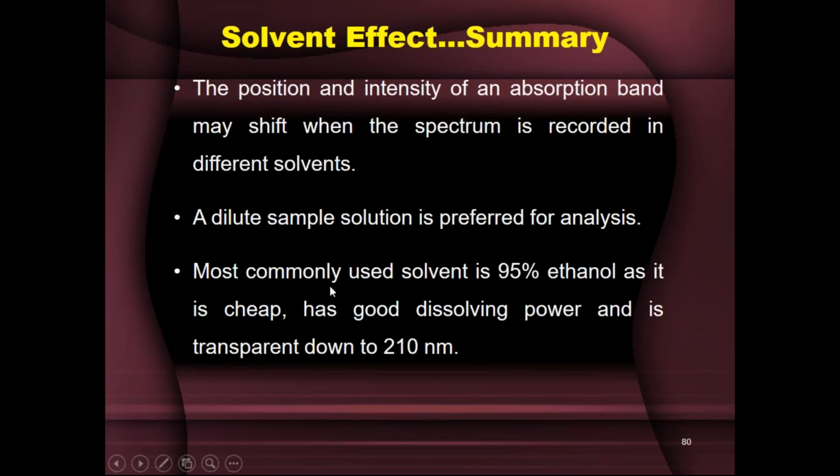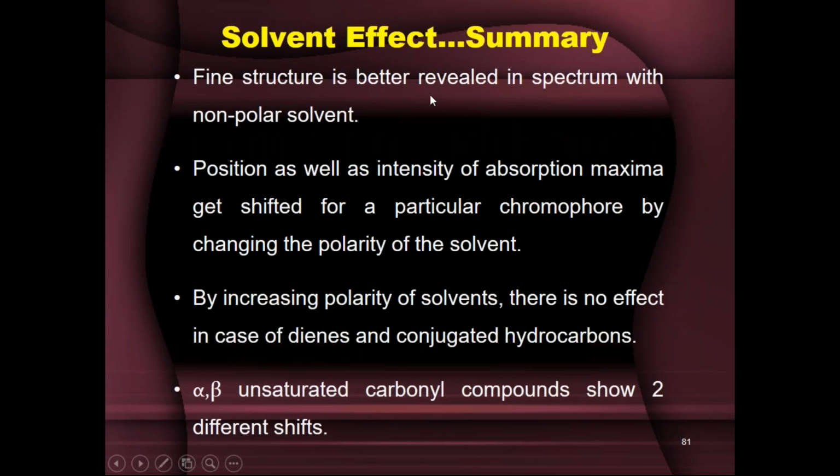It becomes the main absorbing entity if it is capable of absorbing that wavelength of radiation. So the most commonly used solvent is 95% ethanol, as it is cheap, has good dissolving power, and is transparent down to 210 nanometers. The fine structure is better revealed in the spectrum with non-polar solvent.